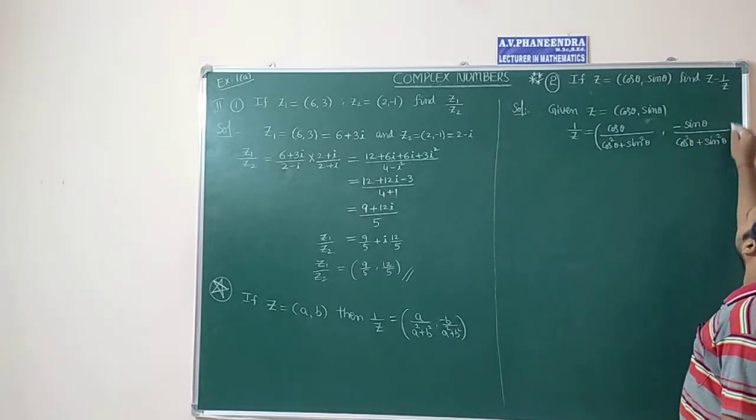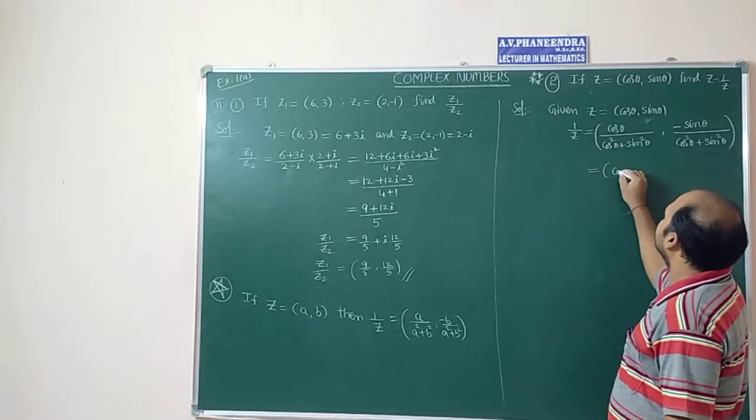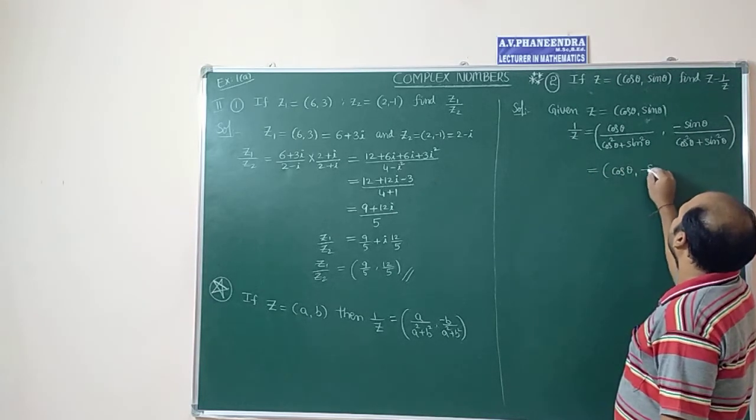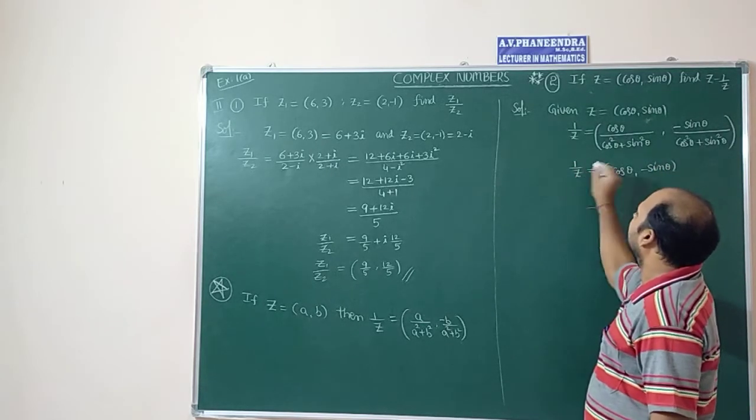We know that sin square theta plus cos square theta value is 1. Therefore, cos theta comma minus sin theta. This is the value of 1 by Z.